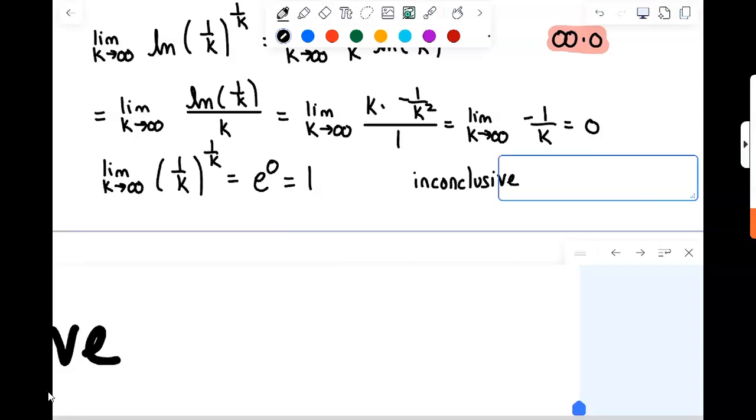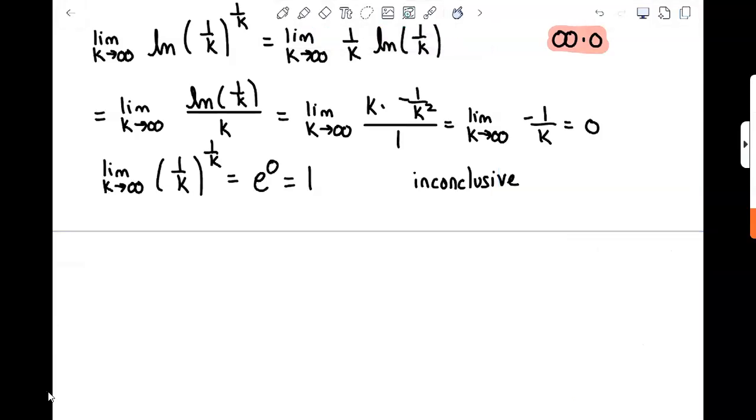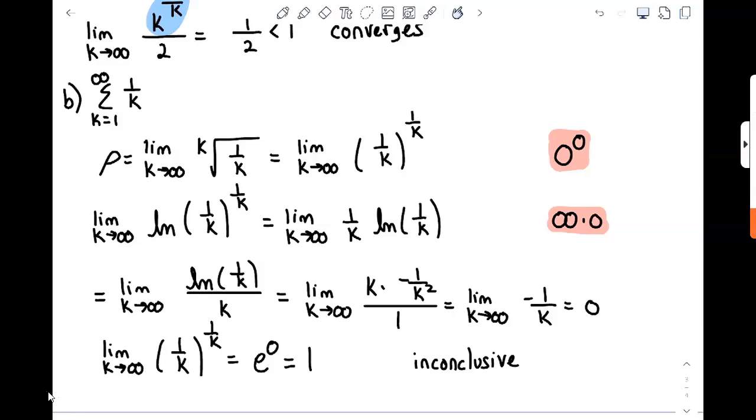That harmonic series is right at the verge of converging, but it's just not quite there. And so, just like the ratio test, the root test lands at that inconclusive mark.